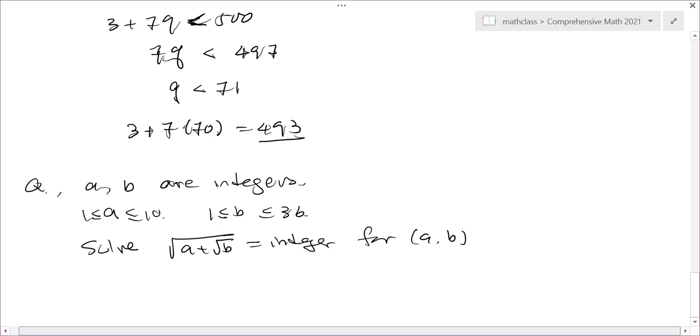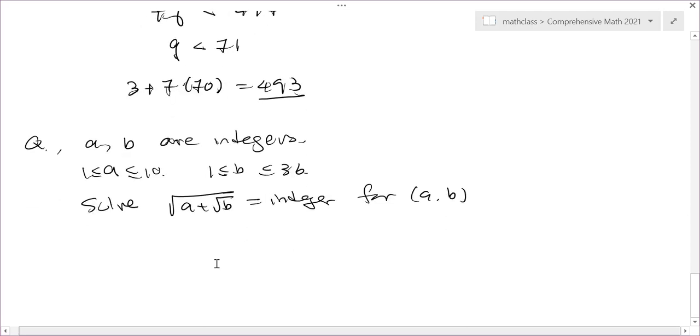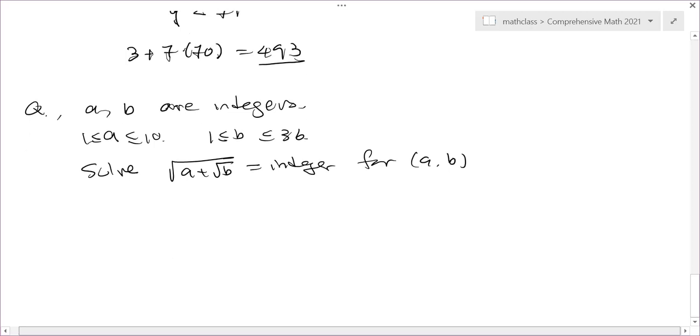Okay, so clear. We're trying to find all the pairs of numbers such that the square root of A plus the square root of B is going to be an integer.